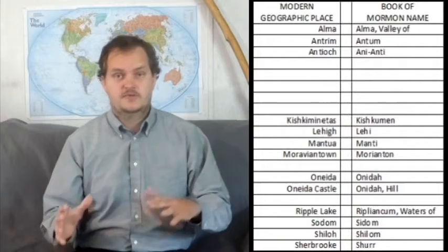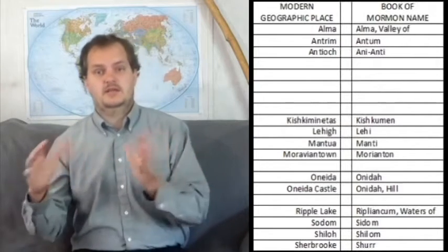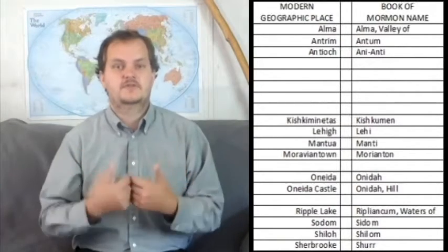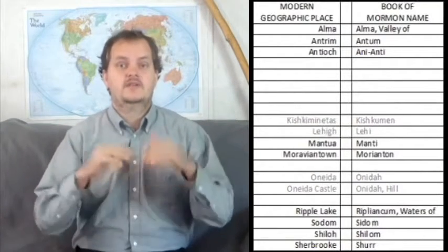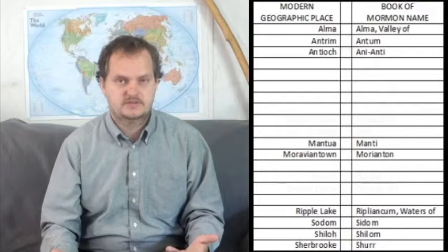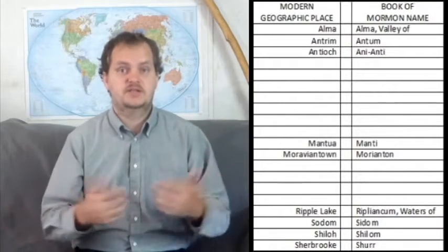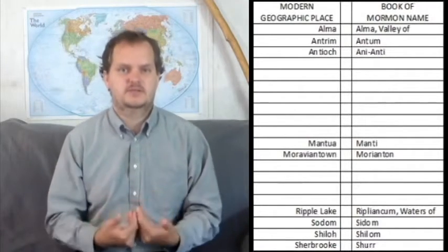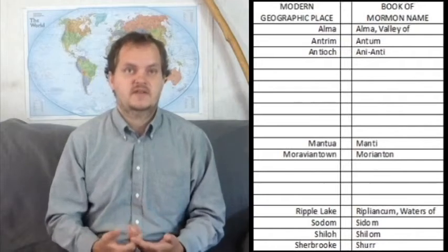Therefore, we would expect similar names from the Book of Mormon and native languages. And therefore, we can remove any names of native populations that are similar to Book of Mormon names, because we would expect these similarities to exist.